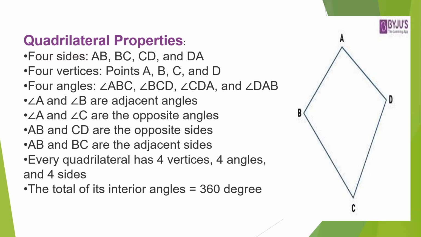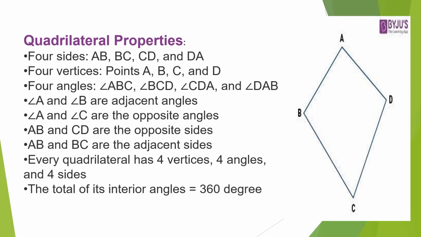Children, here angle A and angle B are considered as adjacent angles. For angle B, angle C is the adjacent angle. For angle C, angle D is the adjacent angle. For angle D, angle A is the adjacent angle.